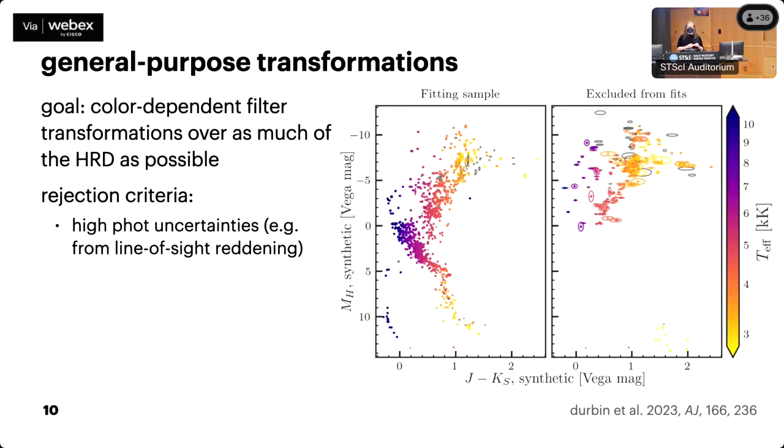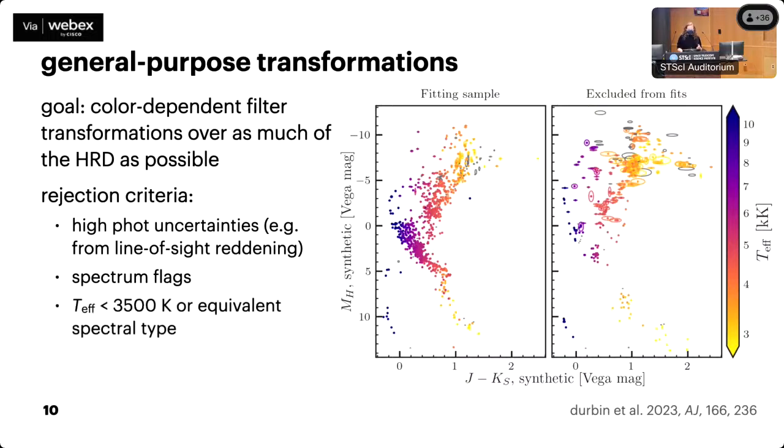As I was saying earlier, this really disproportionately affects stars on the upper giant branches. I also rejected spectra with any of the flags from the previous slide. And finally, try as I might, I found that effective temperatures below about 3,500 Kelvin were really the cutoff, below which there's just not any one-to-one relationship between filters, which we'll look at a bit more later.